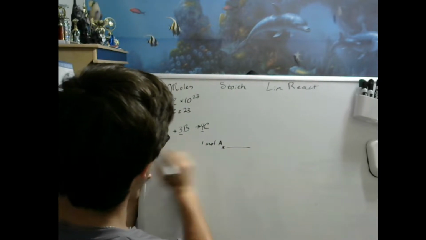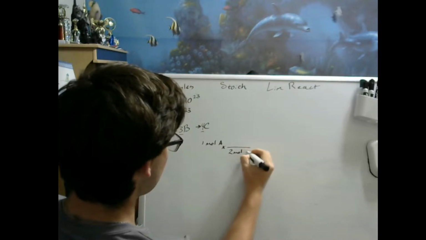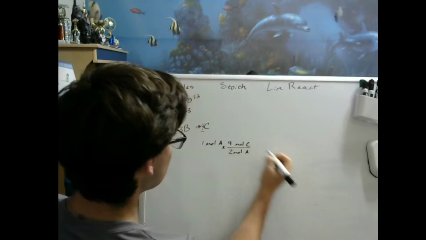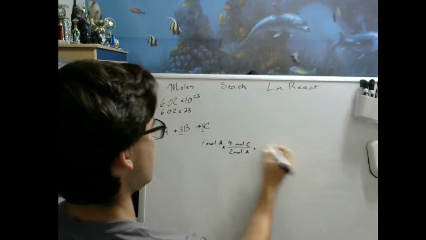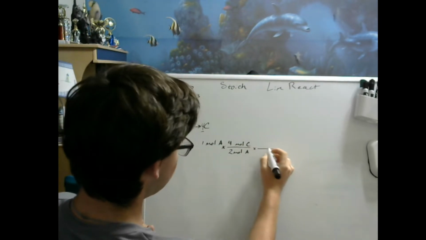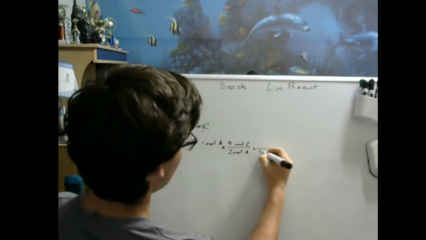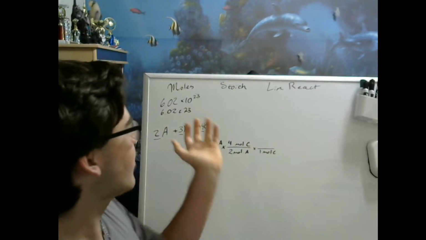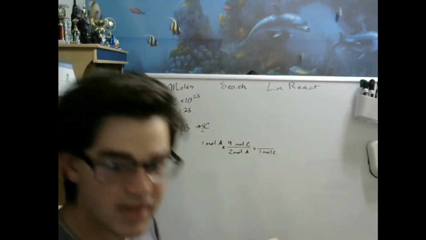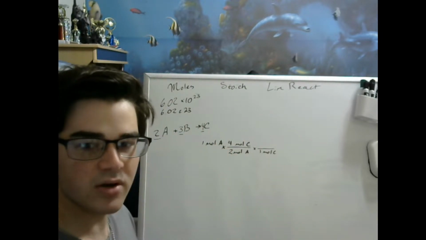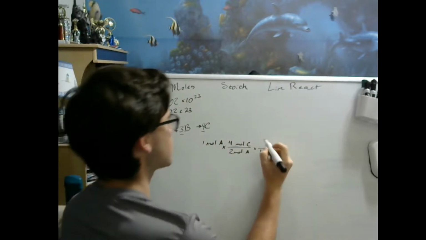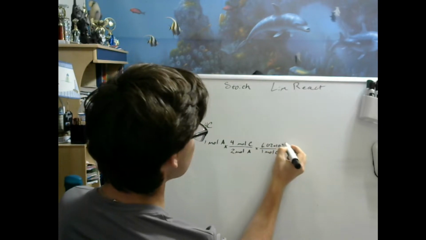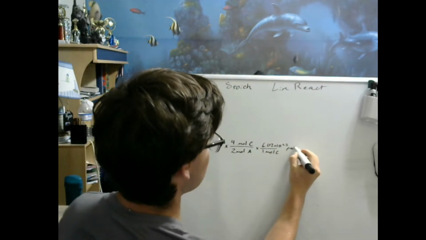So mole ratio, we have 2 moles of A to 4 moles of C. And then 1 mole of C. And we don't have any grams because I don't know what the grams of C is. So we're just going to convert it to particles, and that's where you can use this. So 6.02 times 10 to the 23 particles.